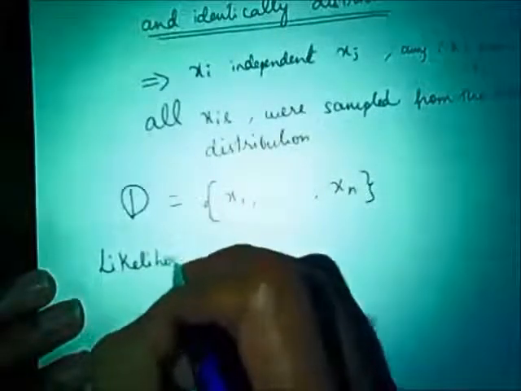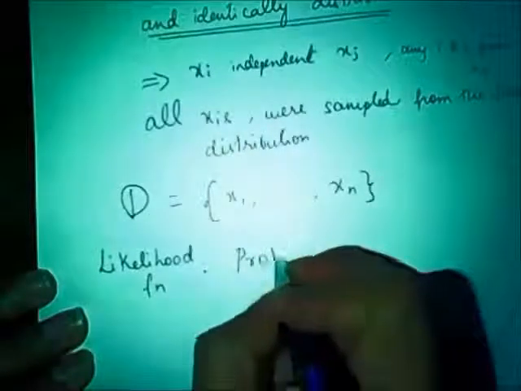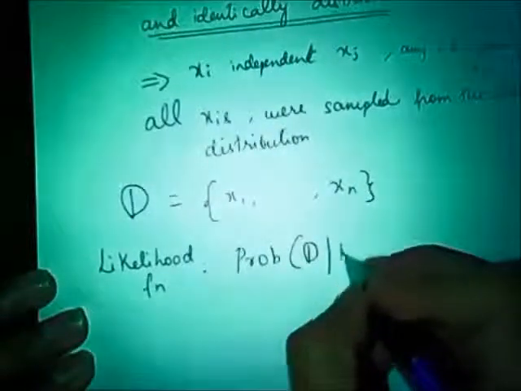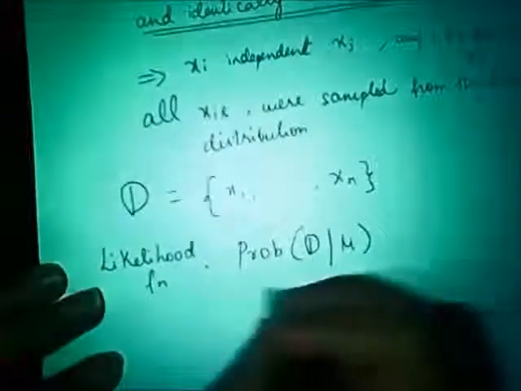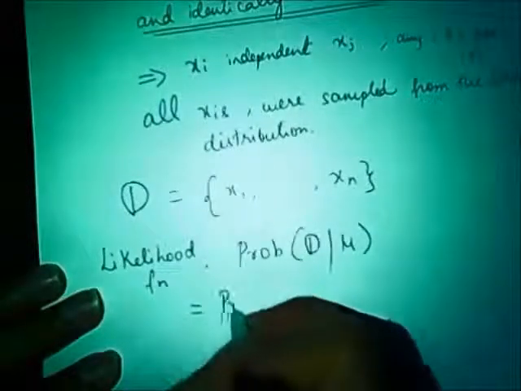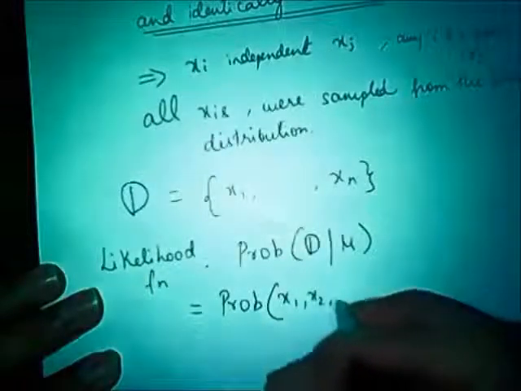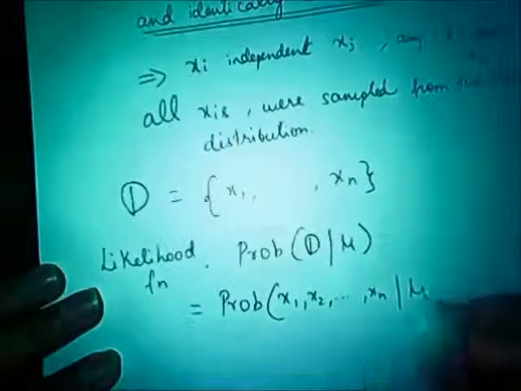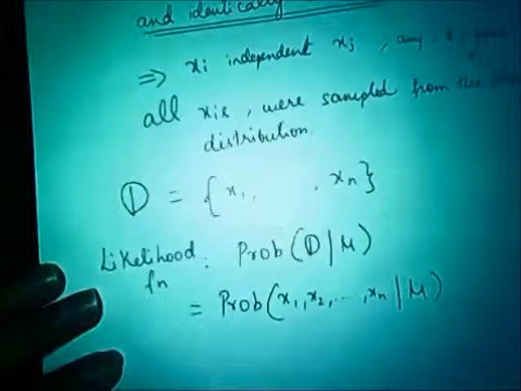Now the likelihood function is nothing but the probability that we have obtained D given that we know what mu would be. Or in other words, this is the probability of getting the outcomes x1, x2 up to xn given that we have sampled from the Bernoulli distribution with parameter mu.